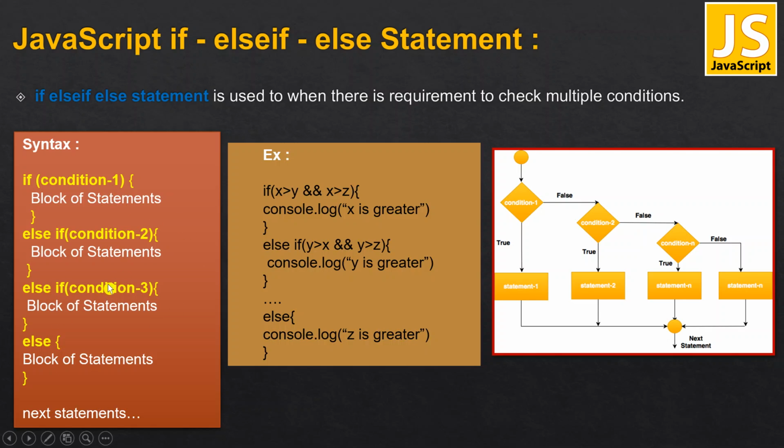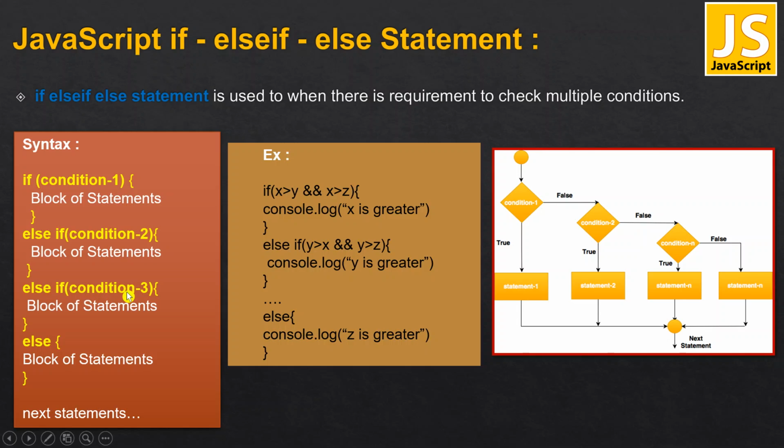So like that it will go on checking each condition one after the other if its previous condition is false, right? At last, if condition 1 is false, the control comes to condition 2, and if suppose it is also false, then the control comes to condition 3.